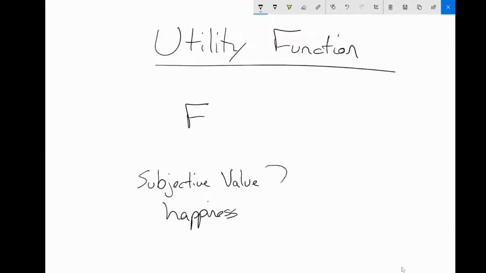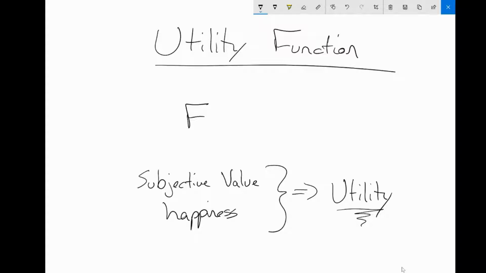Now we're going to use a term called utility. People derive utility from consuming goods or doing particular actions. Utility is what economists use to describe the subjective value, the happiness, how much value you personally get from the decisions that you make based on your preferences.